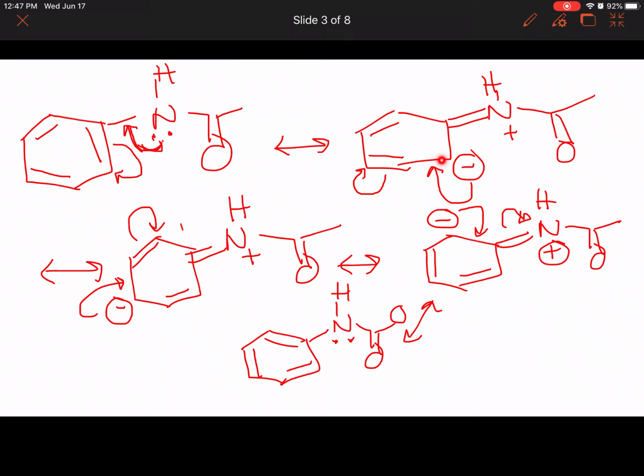Okay, so normally if you have an activating group like an amide group donating electrons, the substituents would add to the ortho position or the para position, because this is the ortho position, this is meta, this is para. So the ortho position and the para position carry the negative charge. So activating groups on benzene would direct a substituent to the ortho para position.